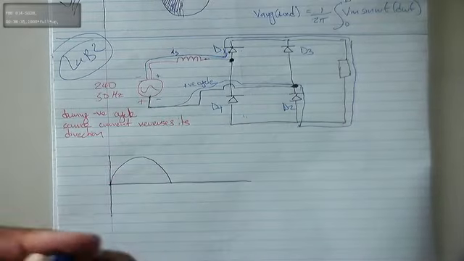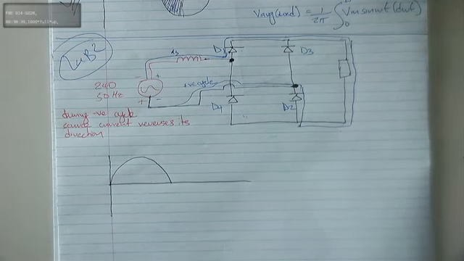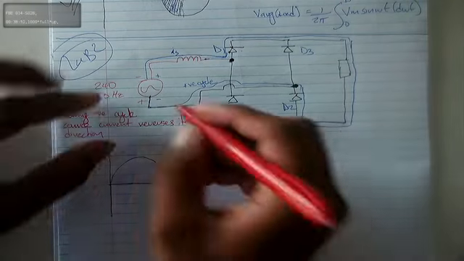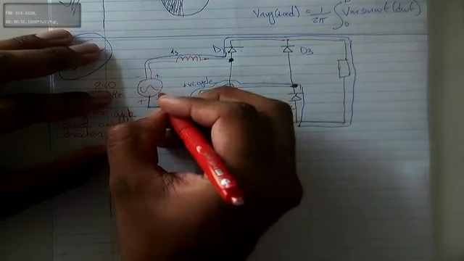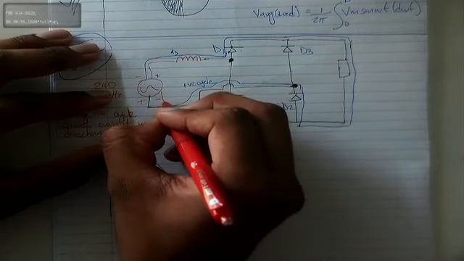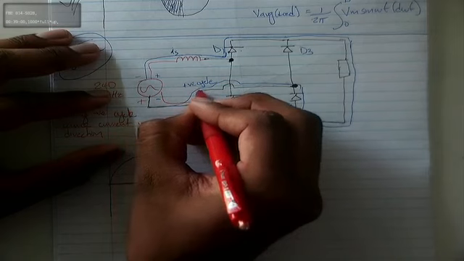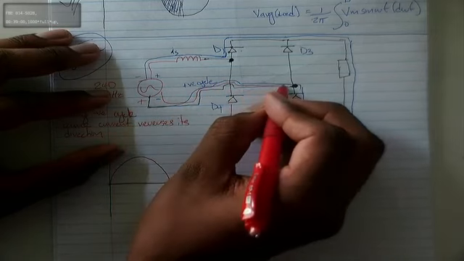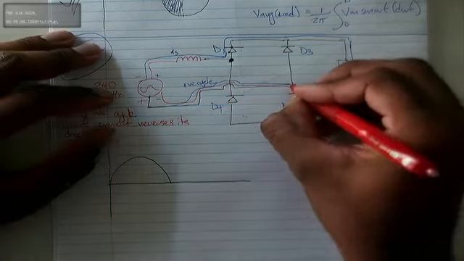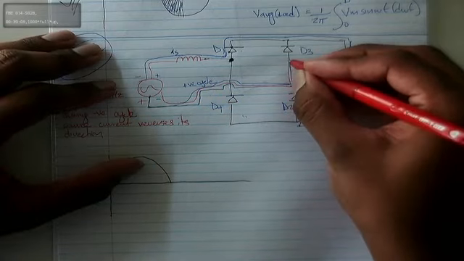So now let's take the negative cycle. I'll change my color to red. Negative cycle. So my current starts its journey again, comes up here, reaches this point, goes up to D3.